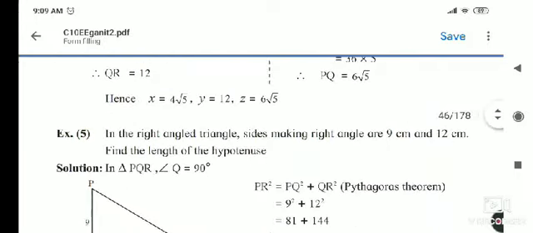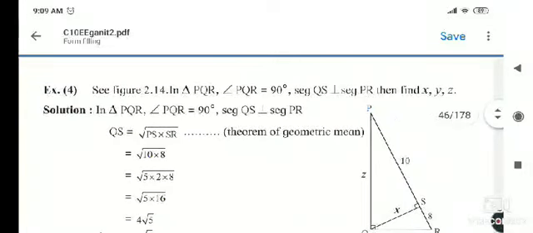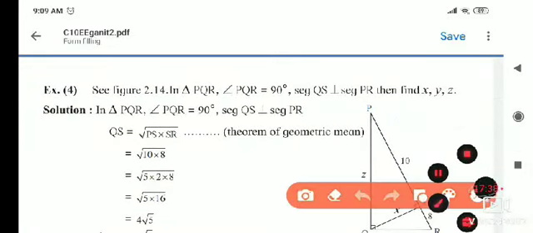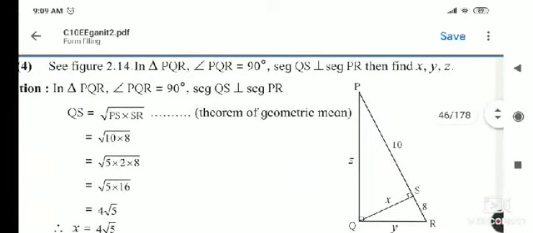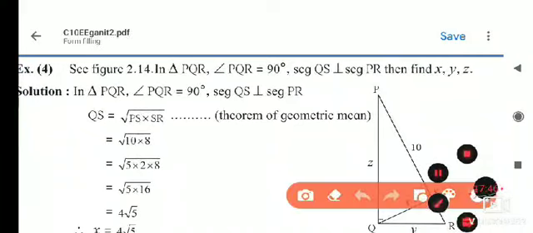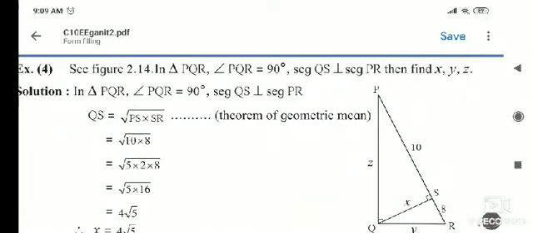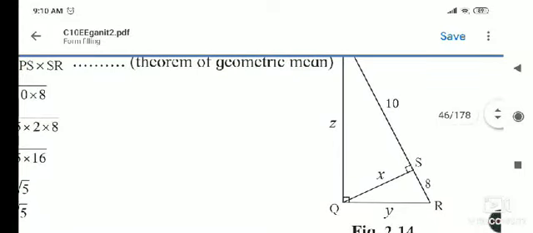Question number 4. In this question, in the figure PQR, they gave the information that angle PQR is equal to 90 degrees. QS is perpendicular on PR, which means it is the altitude drawn on the hypotenuse.